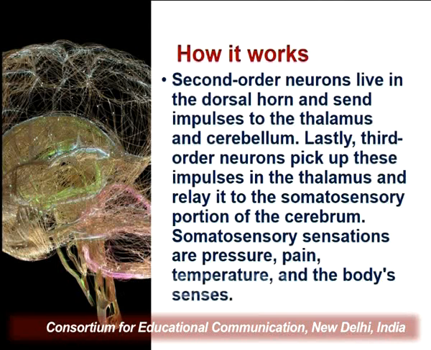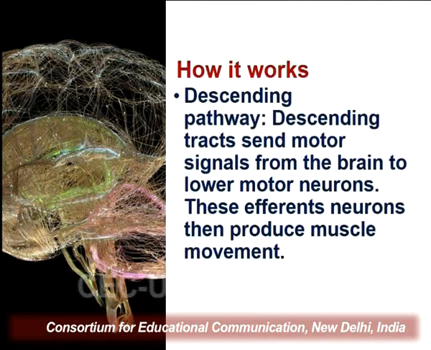Lastly, third order neurons pick up these impulses in the thalamus and relay them to the somatosensory portion of the cerebrum. Somatosensory sensations are pressure, pain, temperature and body senses.